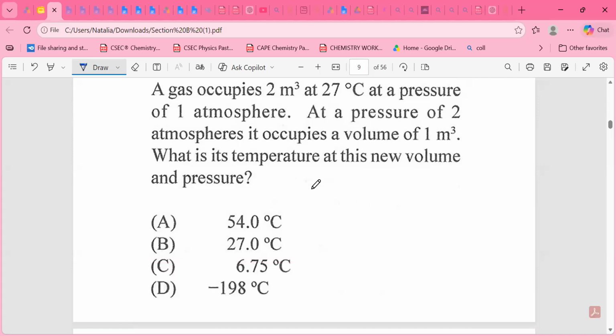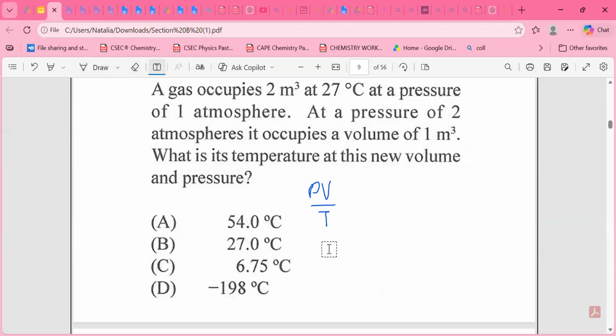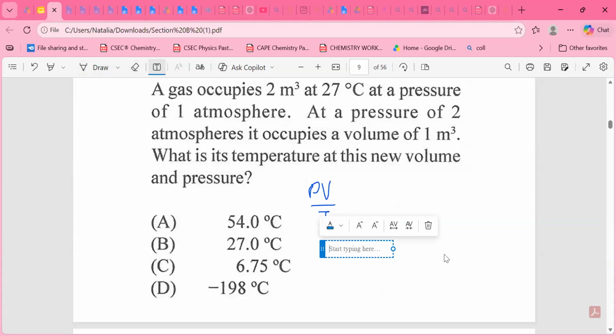So the volume is 2 multiplied by pressure 1.